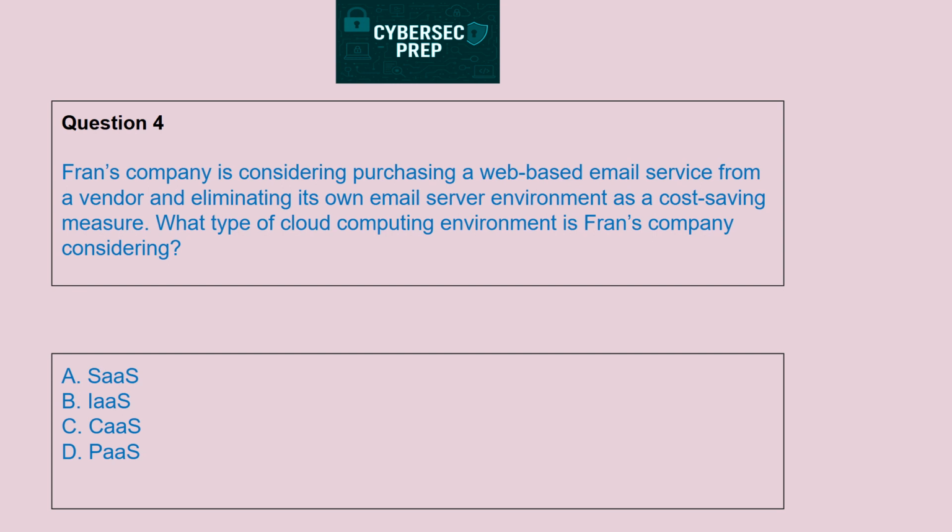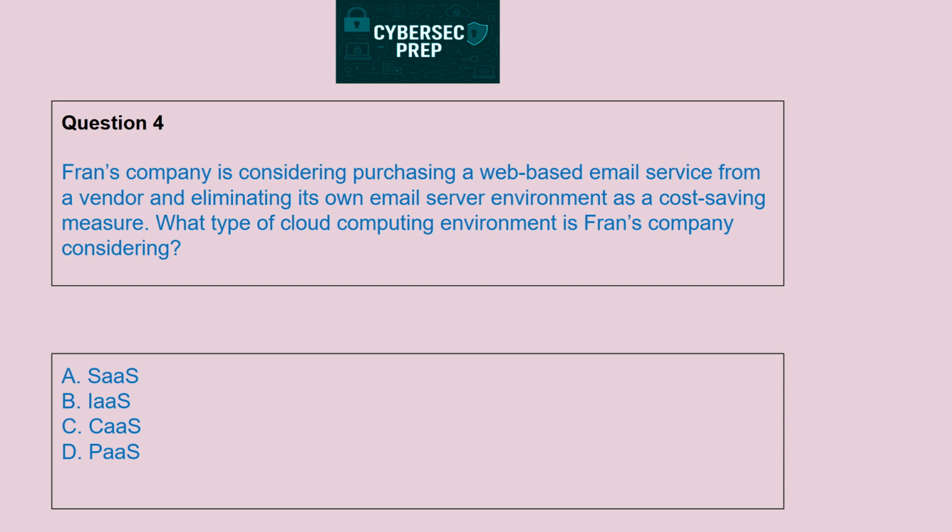So here basically, France company is looking to purchase a web-based email service from a third-party vendor, because they do not want to set up their own email server environment, as a cost-saving measure. So they are looking for some kind of a deployment model, right?